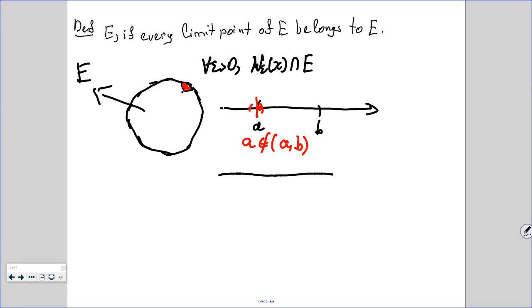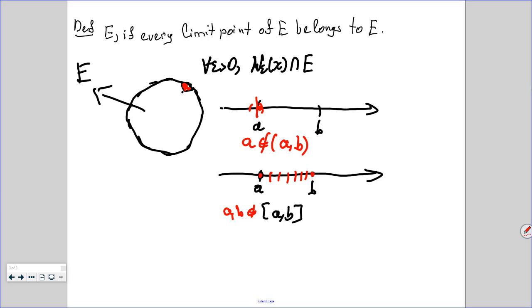On the other hand, if you consider the closed interval [a, b], any point inside is of course an accumulation point, but the edges of the interval, which are the points a and b, are also accumulation points, and in this case they do belong to the interval.